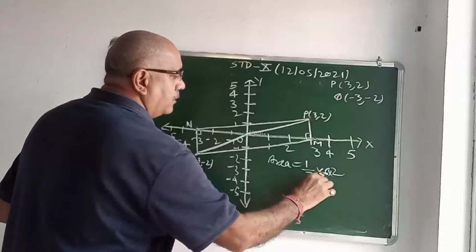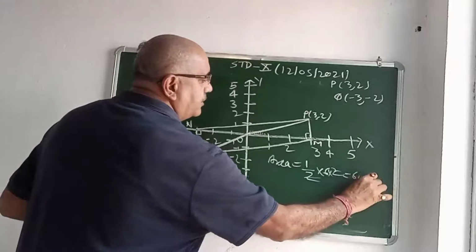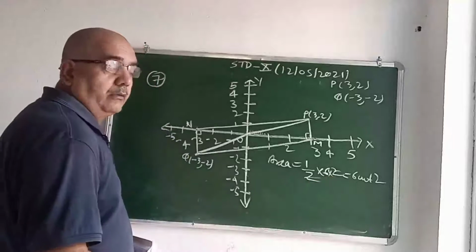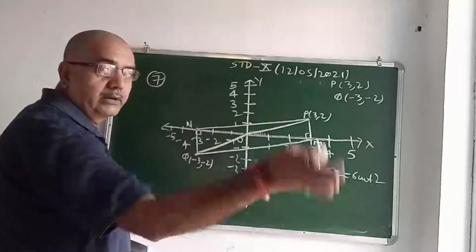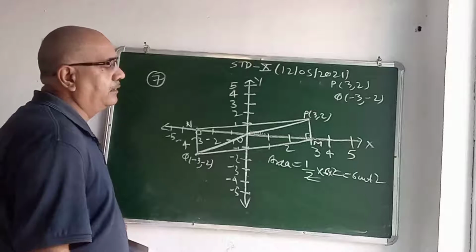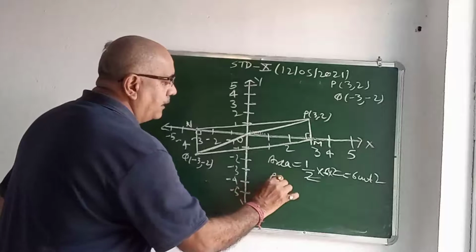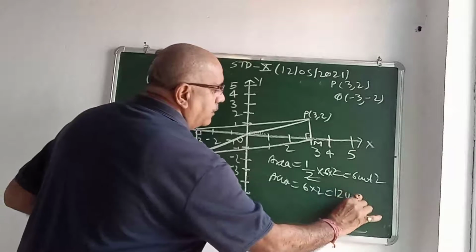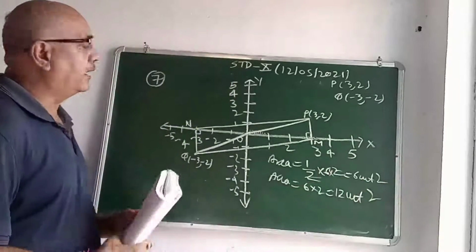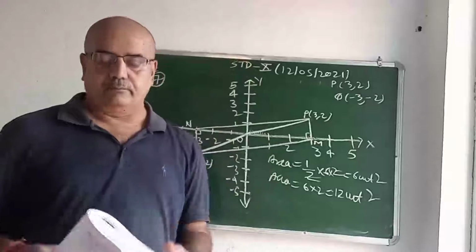You can see 6 unit square. This is the area of one triangle, so multiply it by 2. 6 into 2 is 12 unit square, the area of this parallelogram.